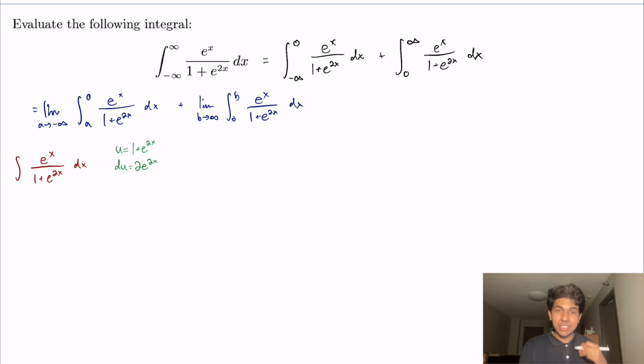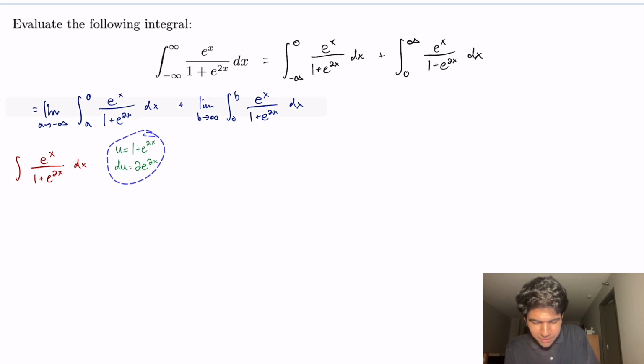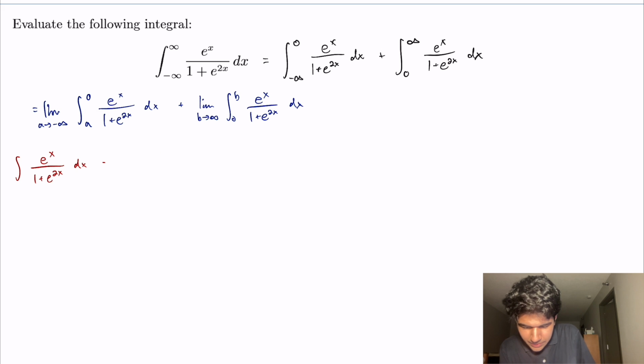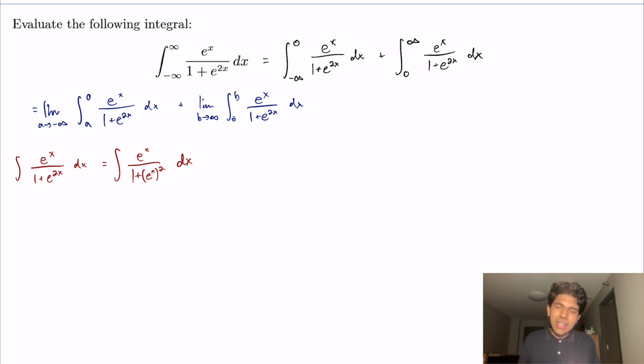So u substitution doesn't immediately work. Keyword being immediately. But what if I rewrote this as e to the x over 1 plus e to the x squared dx? Now maybe we're feeling a little bit better.